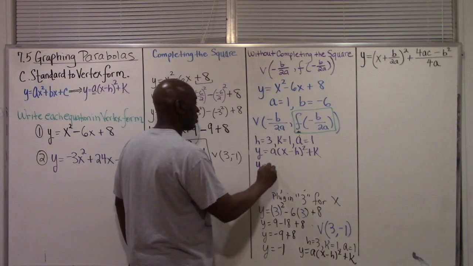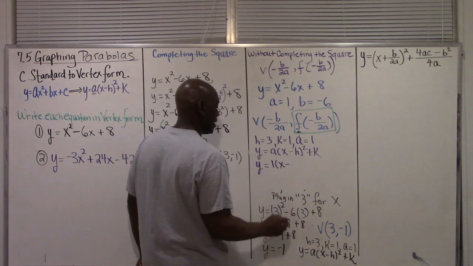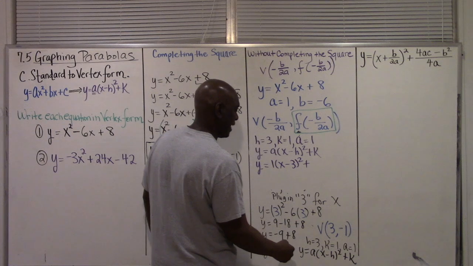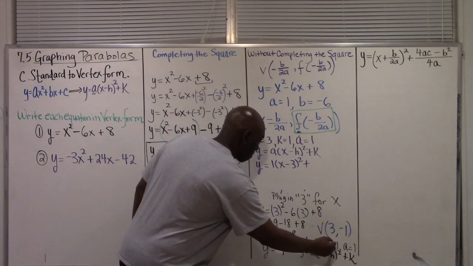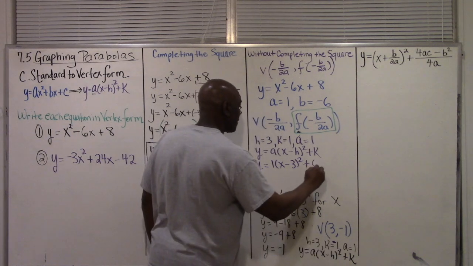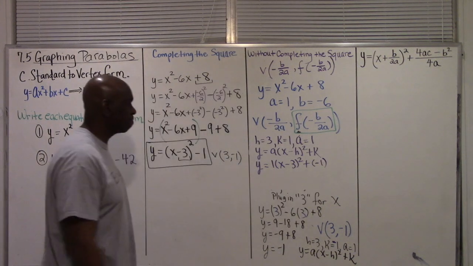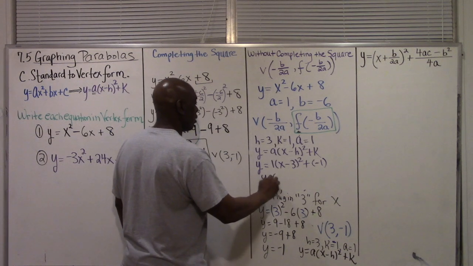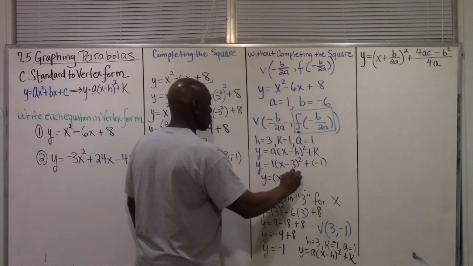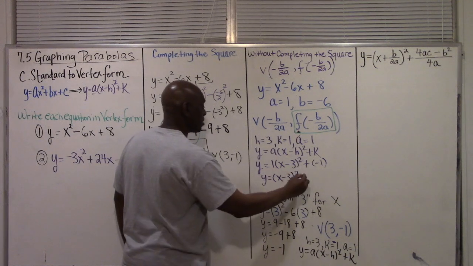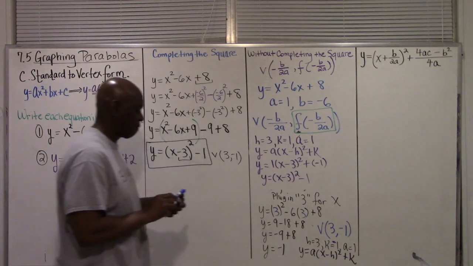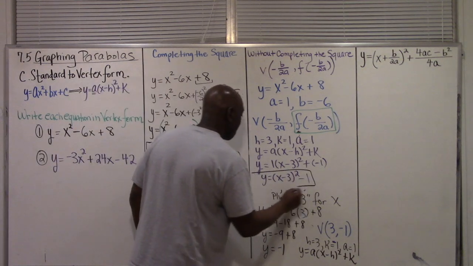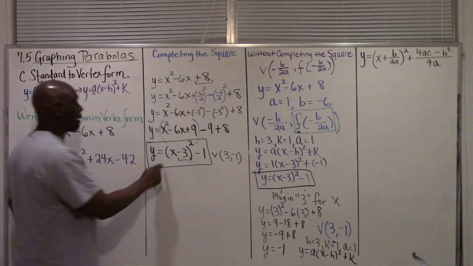So y equals 1 times x minus 3 squared plus, and k is, oh, I'm sorry, it's negative 1. Plus negative 1. Now we write it. We don't have to write the 1. So we got y equals x minus 3 squared plus a negative is just negative 1. And there you go. That gets it too. So this is the same as that.